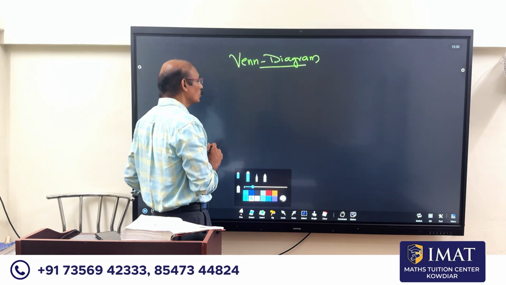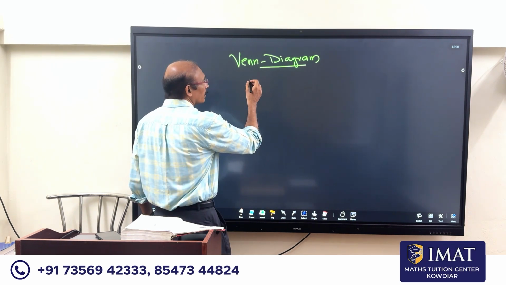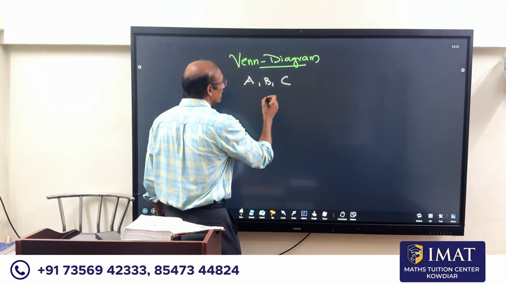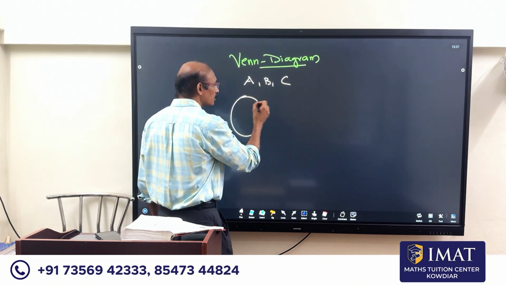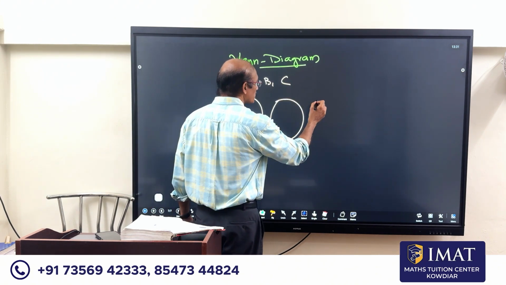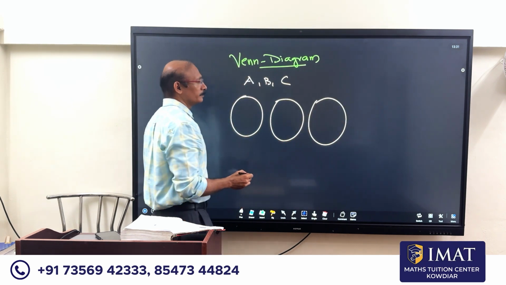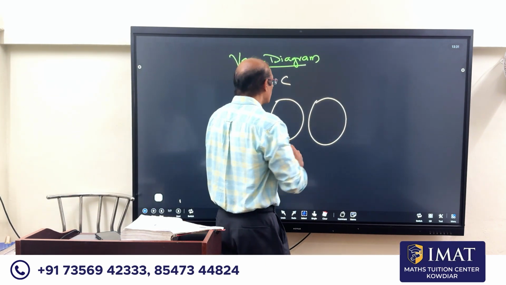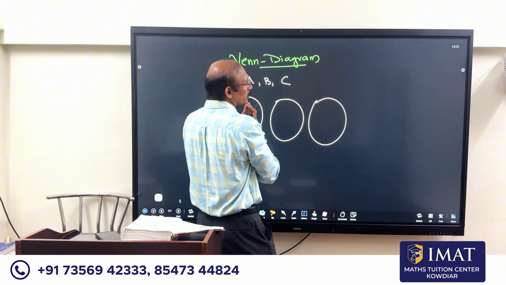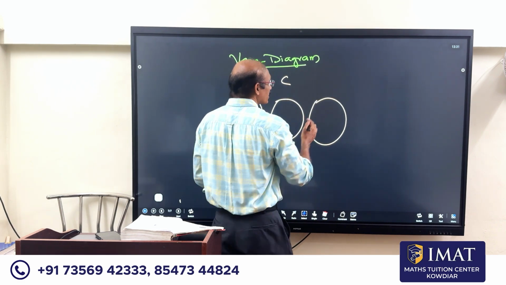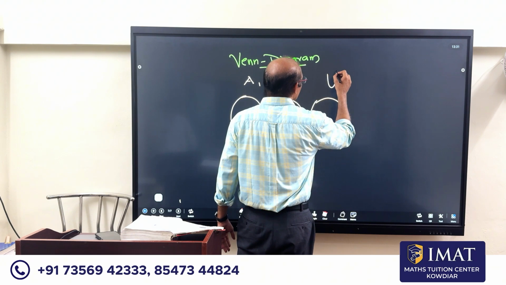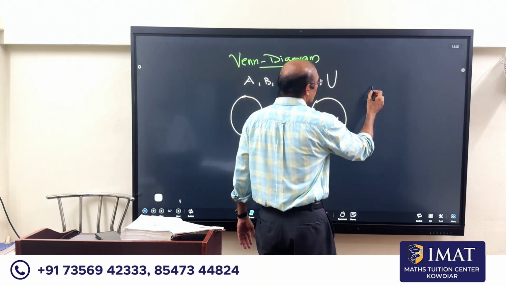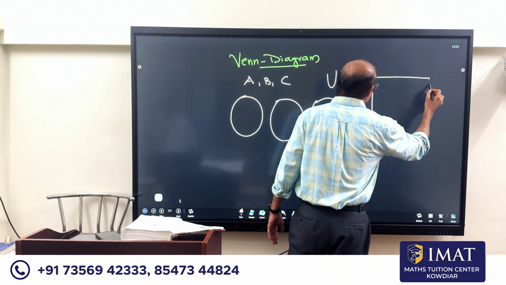In this, we represent sets A, B, C by means of circles. So, these will be representations for sets. See, there is a set which contains all the sets which are mentioned. Such a set is called universal set, and a universal set will be represented by a rectangle.